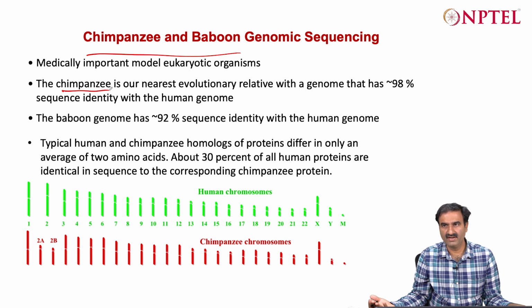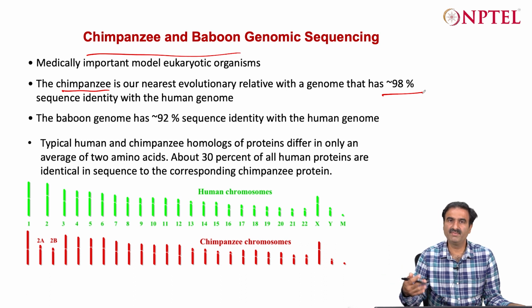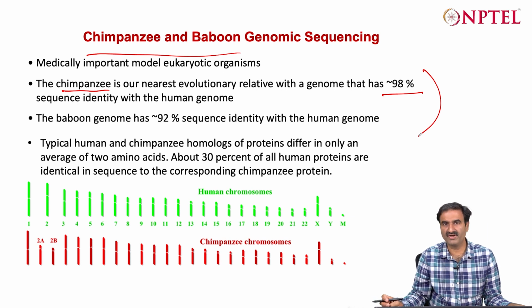So by looking at the difference, you can see what evolution or what change happened at the DNA level, molecular level, and also at the cellular level, that one disease is infecting the human but not the chimpanzee, and vice versa. So these things are very important medically, and we want to generate information.